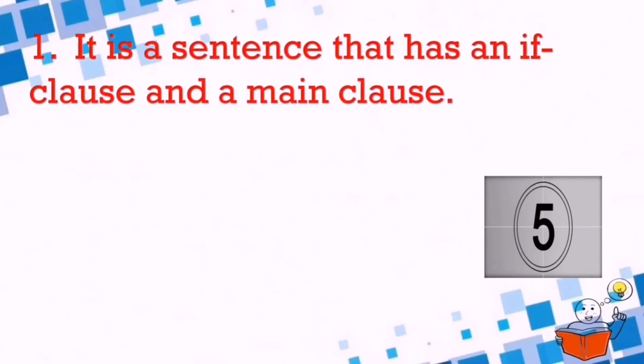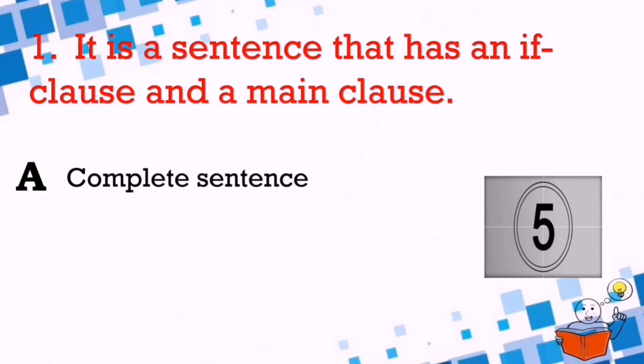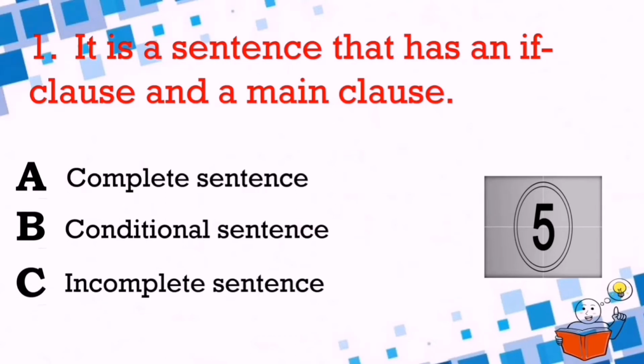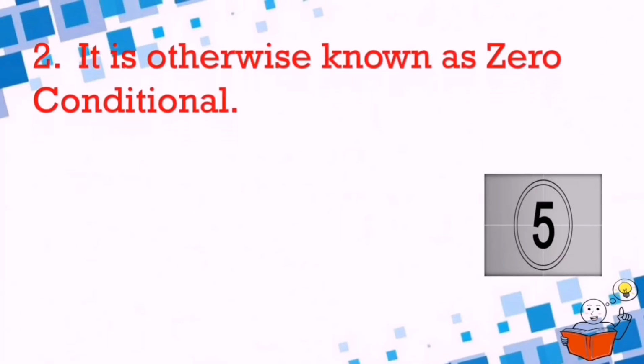Number 1. It is a sentence that has an if clause and a main clause. A. Complete sentence. B. Conditional sentence. Or C. Incomplete sentence. The correct answer is letter B. Number 2.